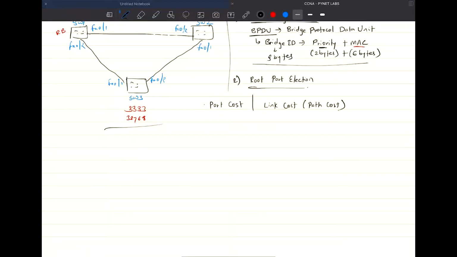Now you have multiple types of interfaces. One is Ethernet. Second is Fast Ethernet. Third is Gigabit Ethernet. Fourth is 10 Gigabit Ethernet.